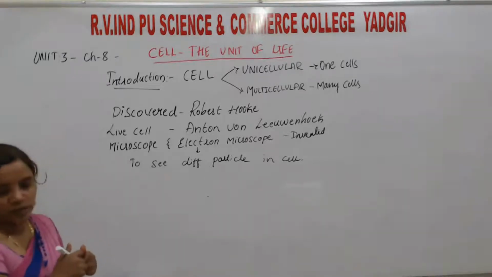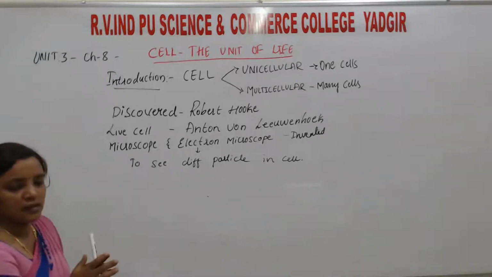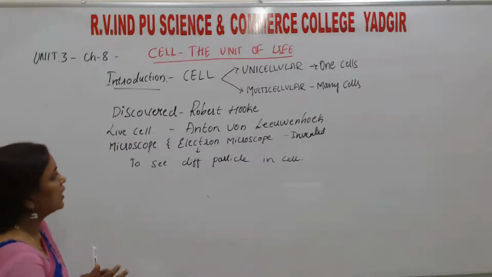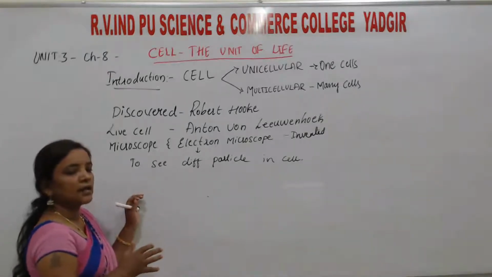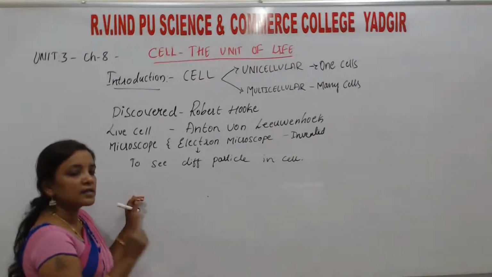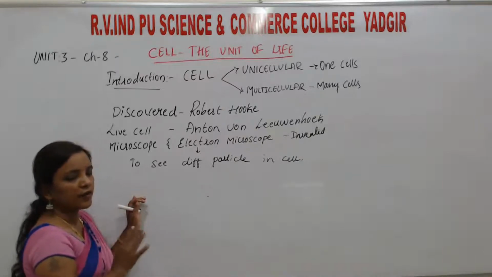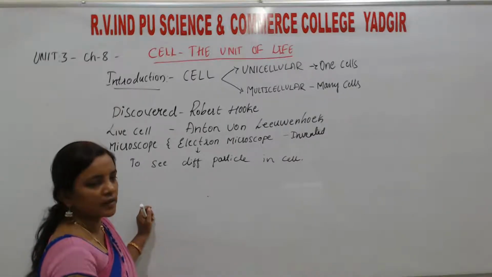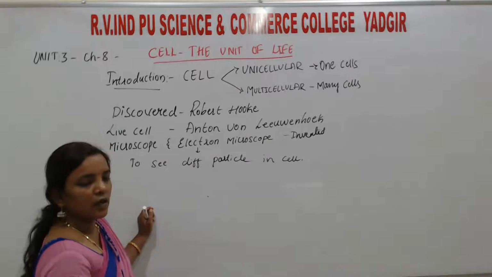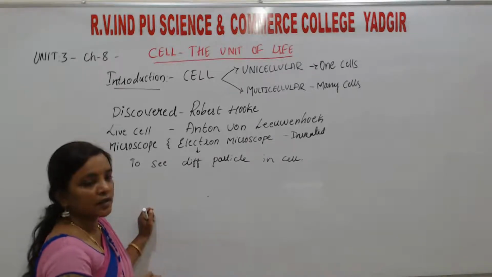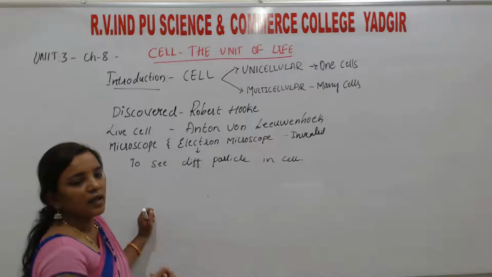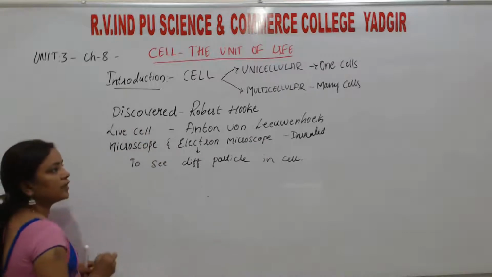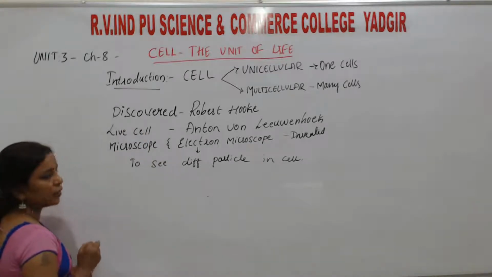Okay, so this is the introduction part. In the introduction we have studied that cells are the structural and functional unit of living organisms. Some organisms are made up of only one cell, and that one cell performs all the functions, as we have already studied in biological classification, unicellular and multicellular. Multicellular organisms are higher, complex organisms which have more cells, forming tissues, organs, etc. The cell was discovered and named by Robert Hooke.